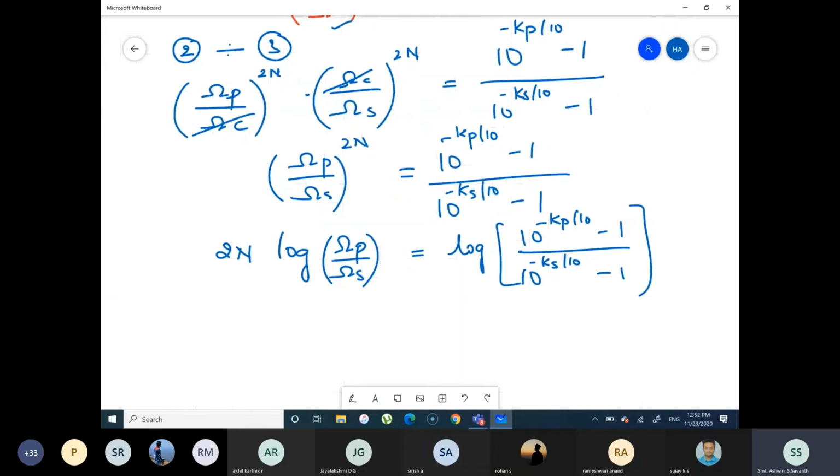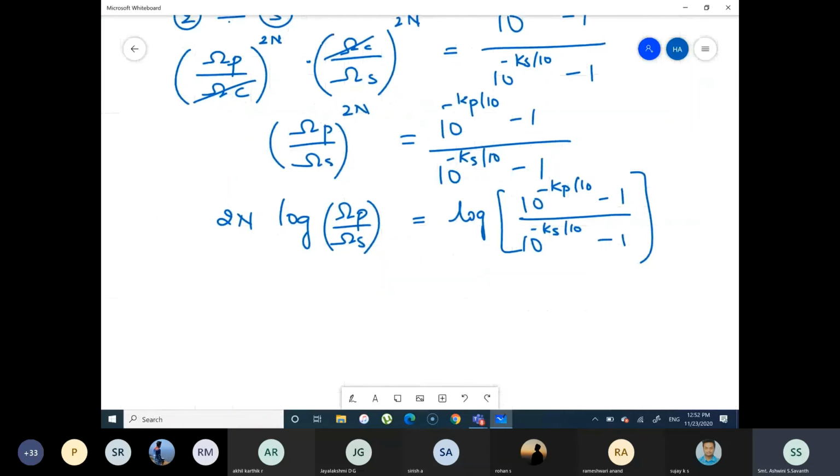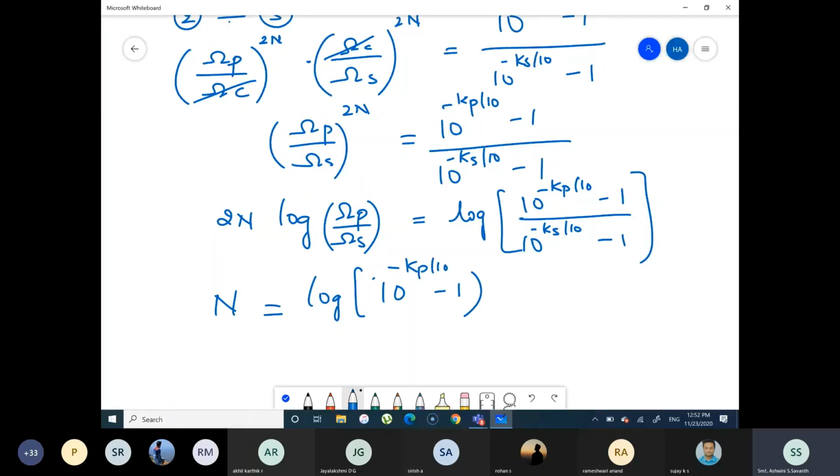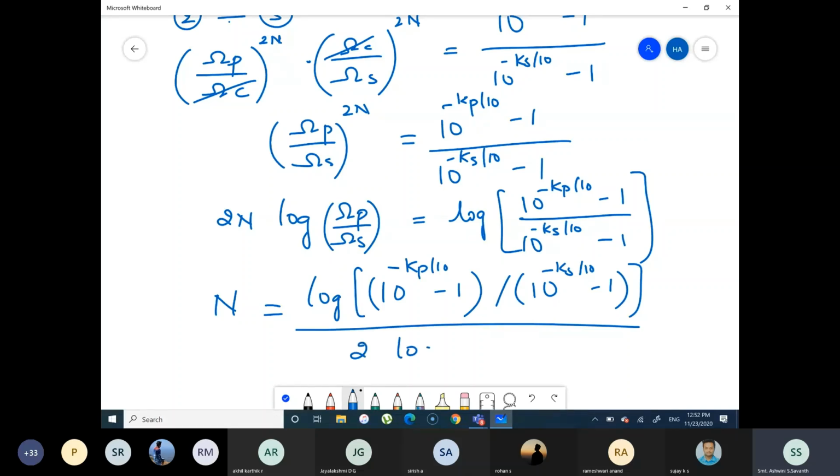Therefore, capital N is going to be log of (10 to the power minus kp by 10, minus 1) divided by (10 to the power minus ks by 10, minus 1), divided by 2 log omega p by omega s. That is the expression for the order of a Butterworth filter.